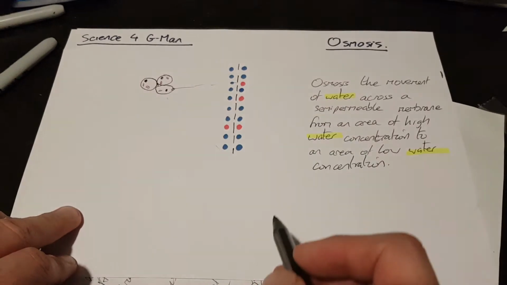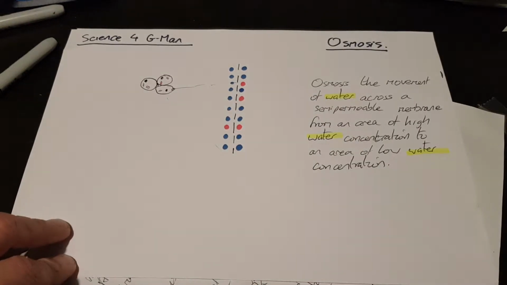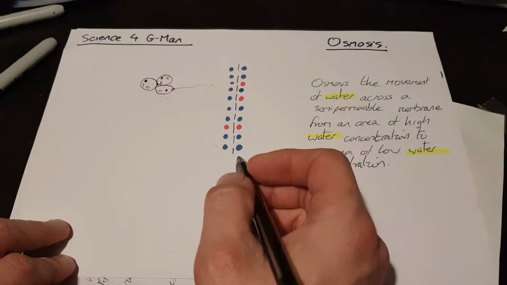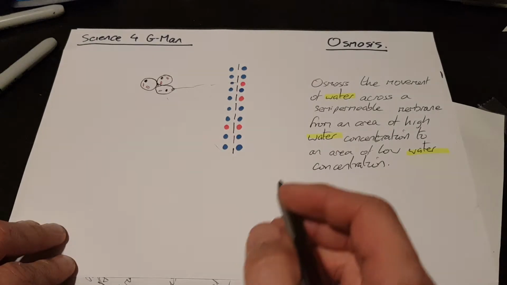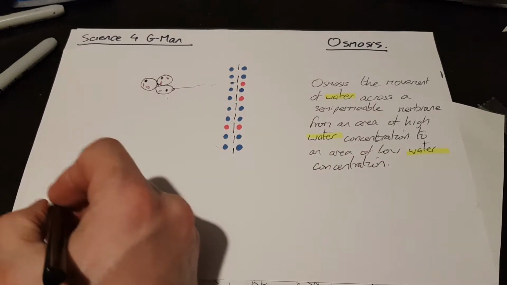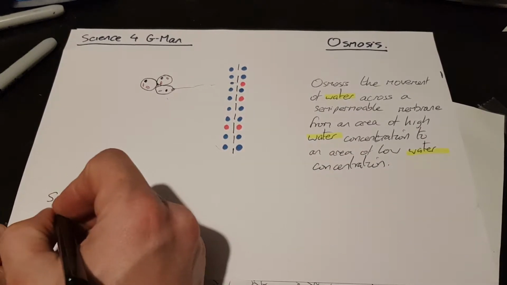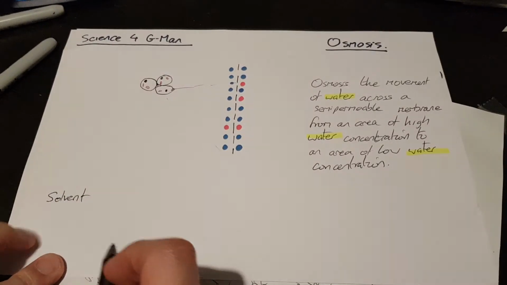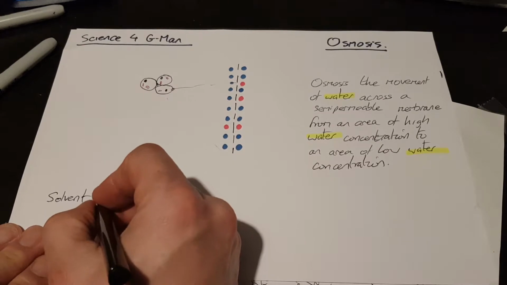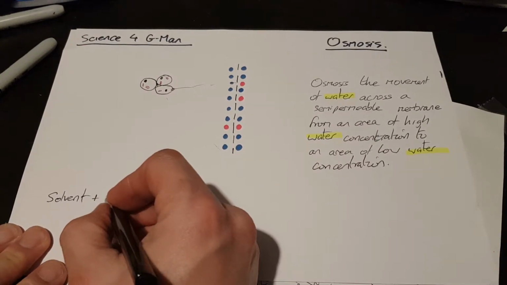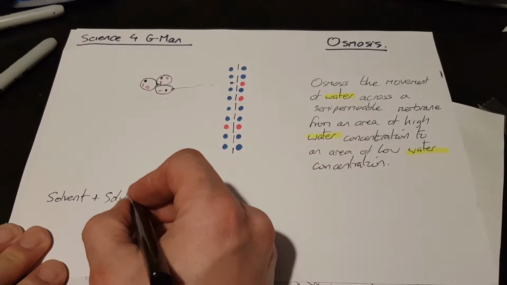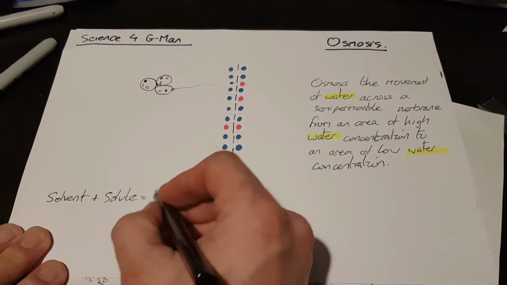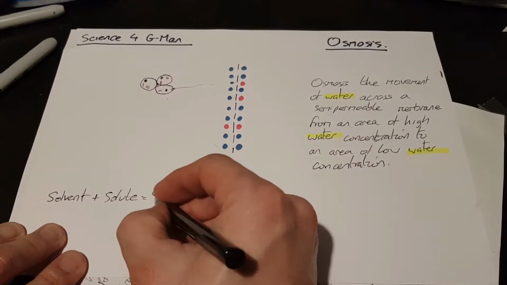But one of the things that we might have to worry about is the word solution. Now, the thing about a solution is that if you've got a solvent, which in our case is the water, and you have something dissolved in it, that is the solute, equals a solution.